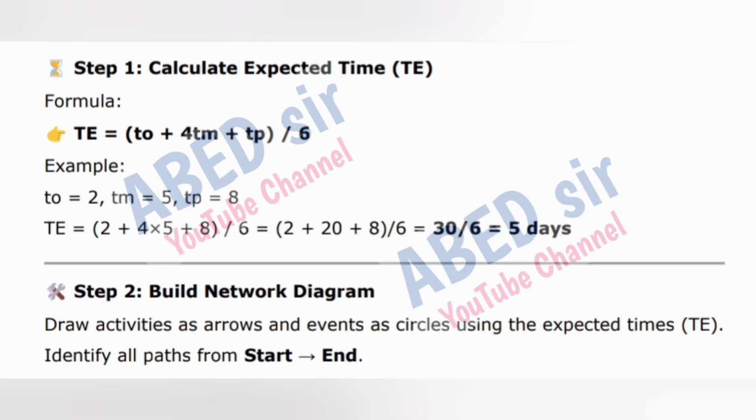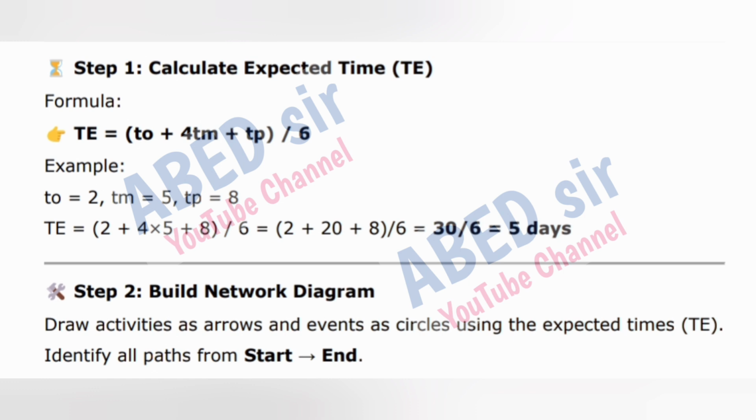Calculate expected time, TE. Formula: TE is equal to (TO plus 4 TM plus TP) divided by 6. Example: TO is equal to 2, TM is equal to 5, TP is equal to 8. TE is equal to (2 plus 4 times 5 plus 8) divided by 6, which is equal to (2 plus 20 plus 8) divided by 6, which is equal to 30 divided by 6, which equals 5 days.